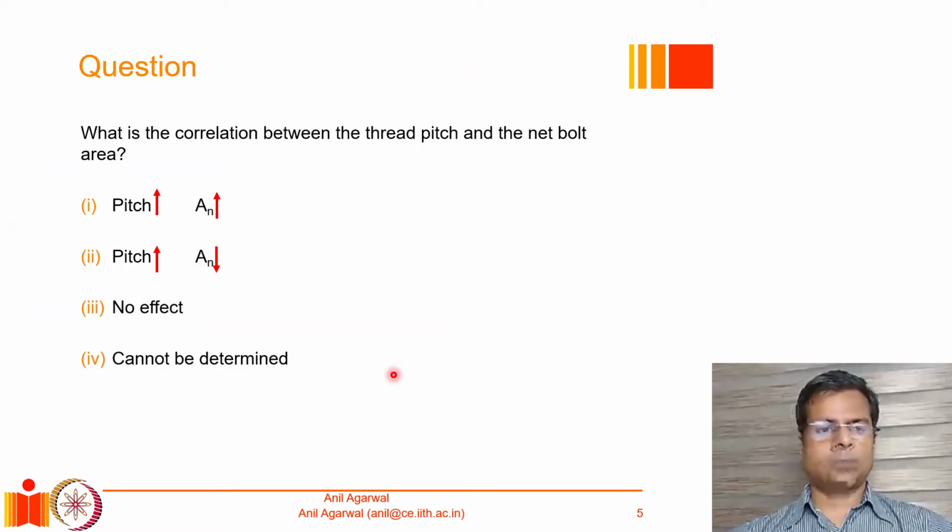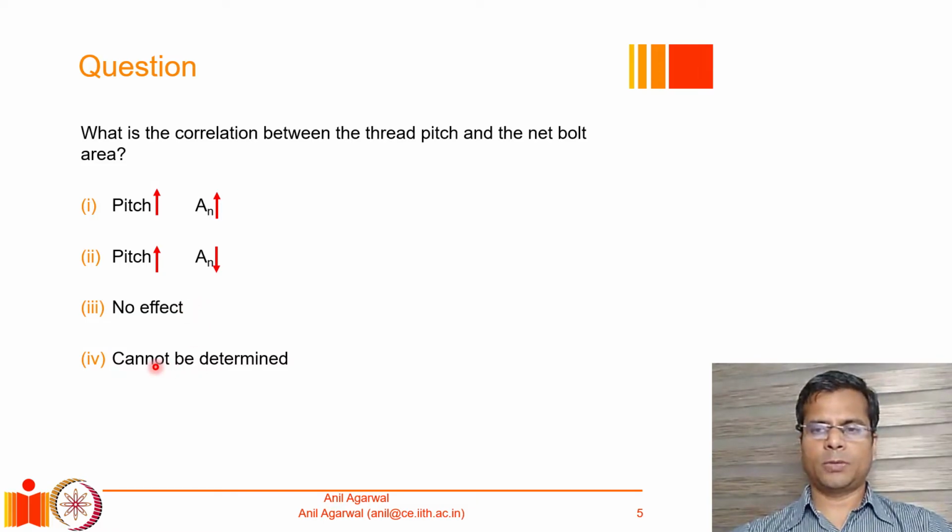So let's ask one question now. What is the correlation between the thread pitch P and the net bolt area AN? When the pitch is increased, does the net cross-section area increase? When the pitch is increased, does the net cross-section area decrease? If there is no effect, please answer 3.